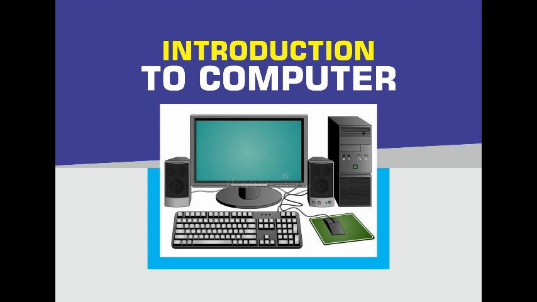For instance, we have Microsoft Word and so many of them. So these applications are the set of instructions referred to as programs. You can call it programs, you can call it applications, you can call it package. So they are the set of instructions that enables a computer to perform a given task.